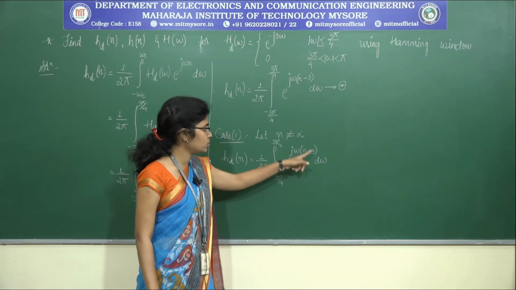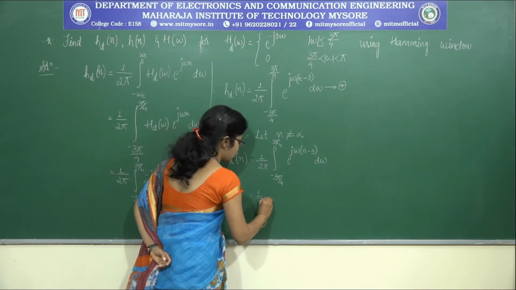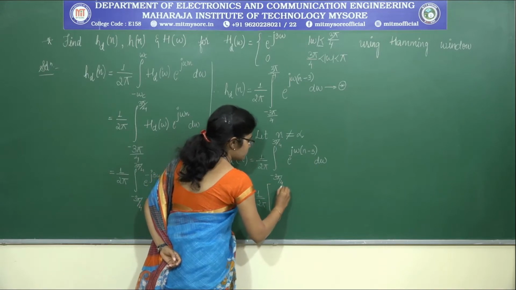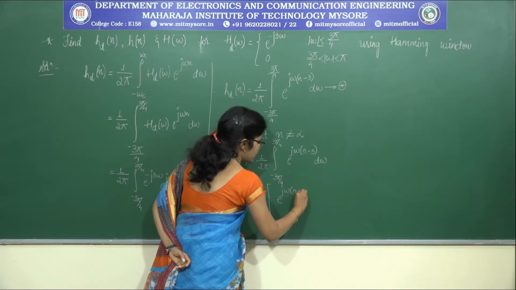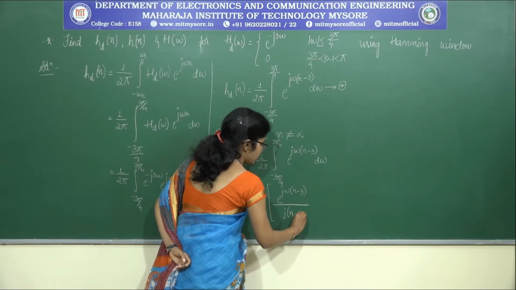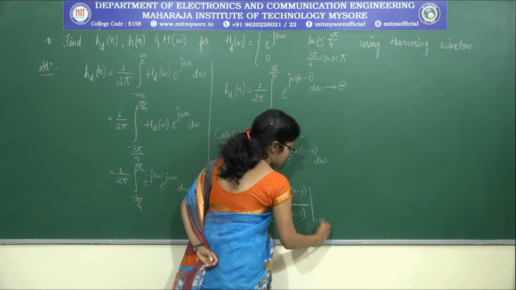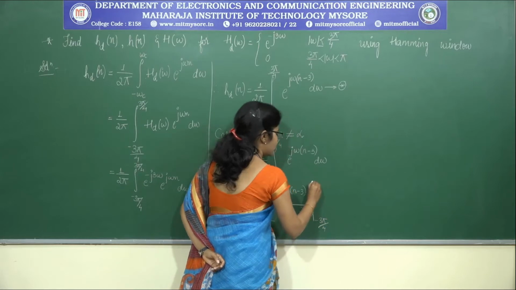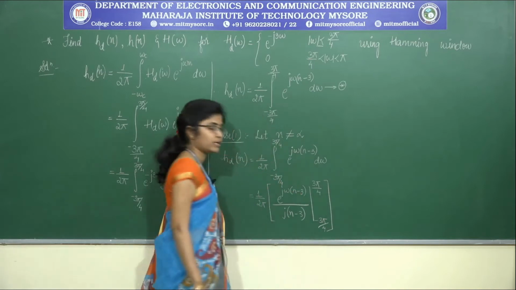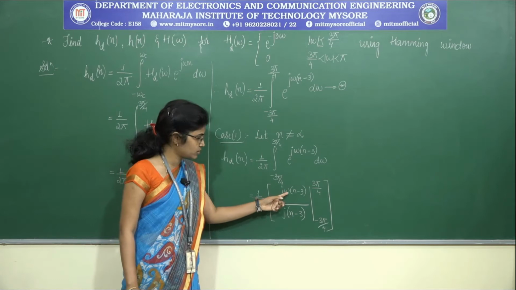I need to integrate this exponential term. It will be equal to 1 divided by 2 pi, e power j omega into n minus 3 divided by j into n minus 3, under the limits minus 3 pi by 4 to 3 pi by 4.